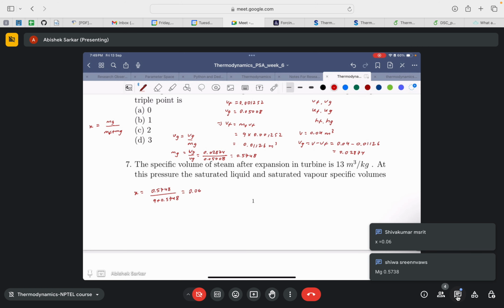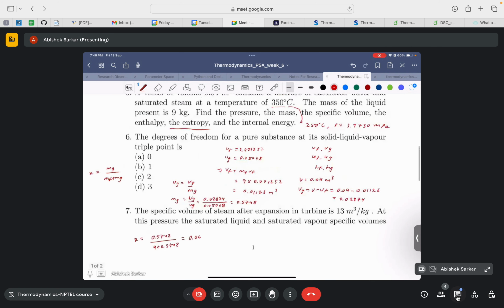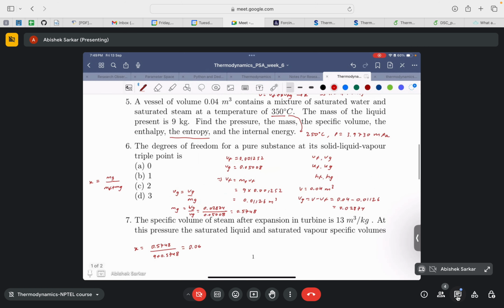So now I think everything is correct, you can use those values. Knowing the dryness fraction, you can find all other properties, because you know the values of Vf, Vg, Uf, Ug at 250 degrees Celsius, right?